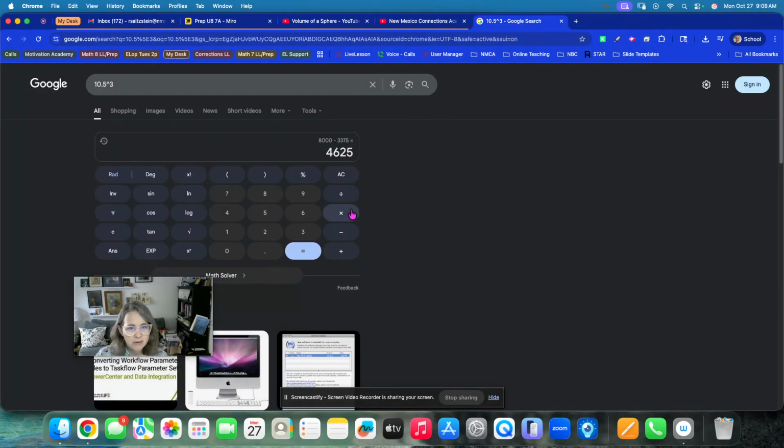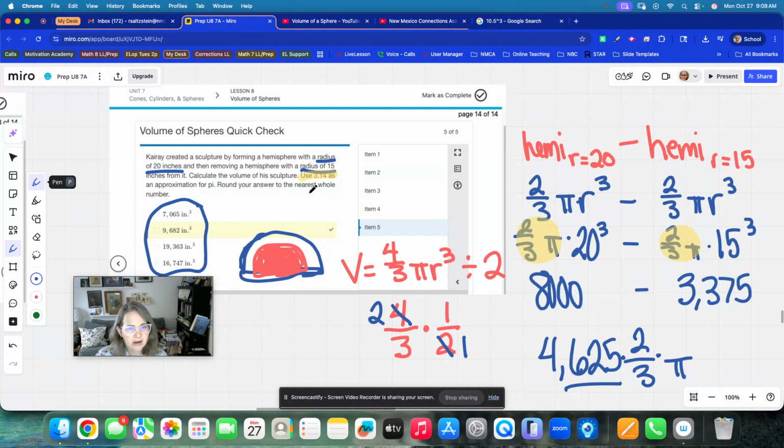So I'm going to multiply by 2/3, which is 2 divided by 3. See how I put it in parentheses? And then times 3.14. And it looks like they rounded it. Round to the nearest whole number.